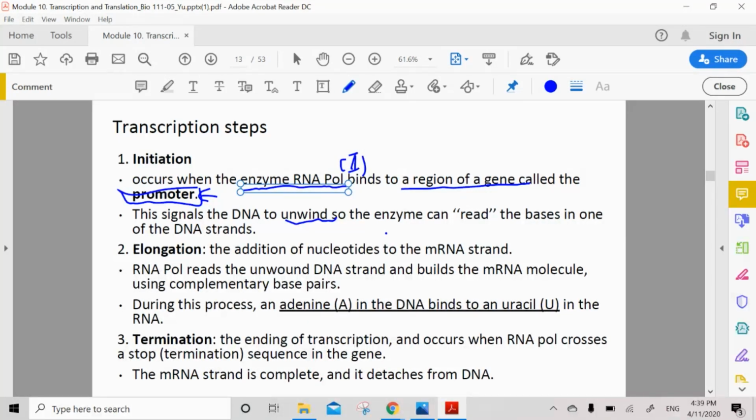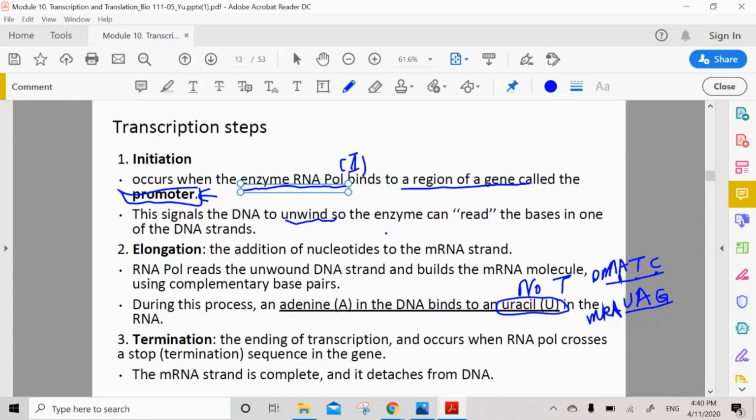Remember, for RNA, you don't have any T. Instead, T is replaced by U. So if the DNA has, let's say, A, T, C, the mRNA sequence would be U, so it's not going to be T anymore, and then A, and then G.